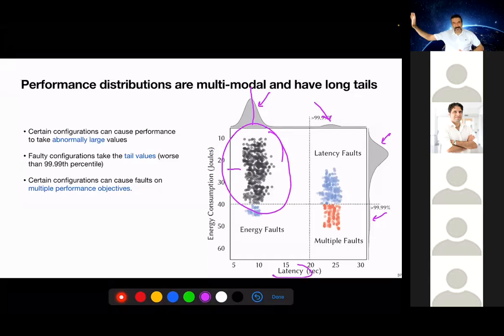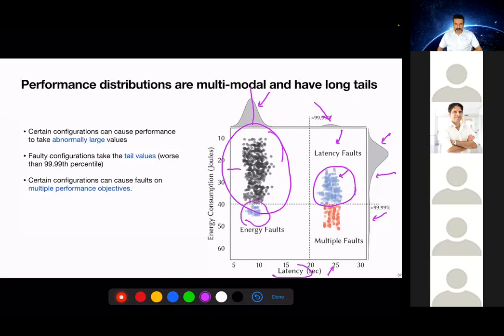But we have three other zones. We have a considerable number of configurations that are performing badly with respect to one objective. For example, this bunch of configurations are doing very badly with respect to latency, but fine with respect to energy consumption.